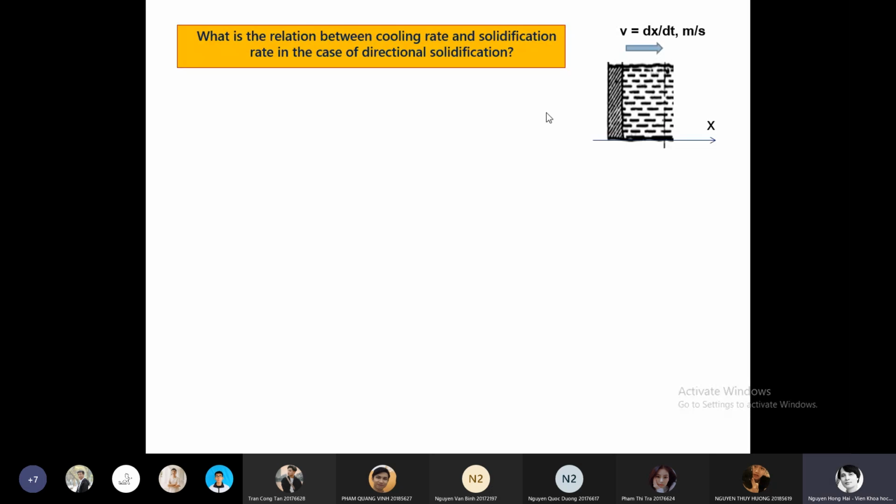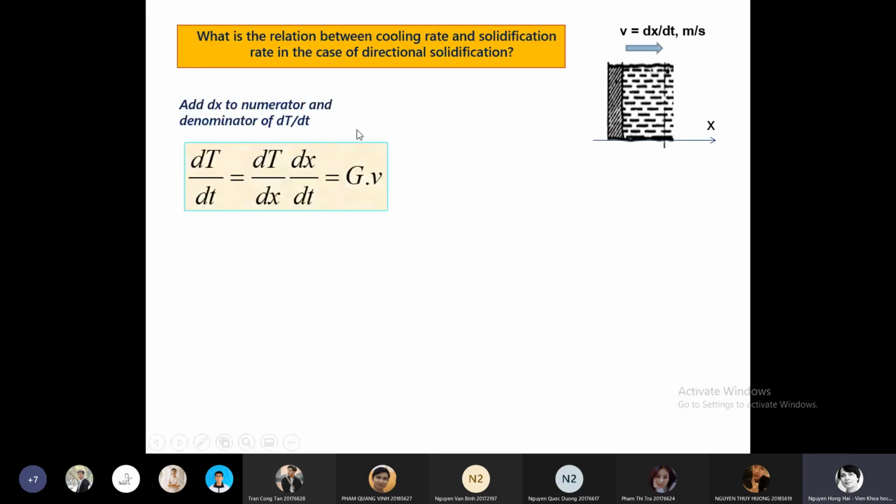In the cooling rate, you can add d to the numerator and the denominator. It makes no change, but we add this d into the expression for cooling rate.